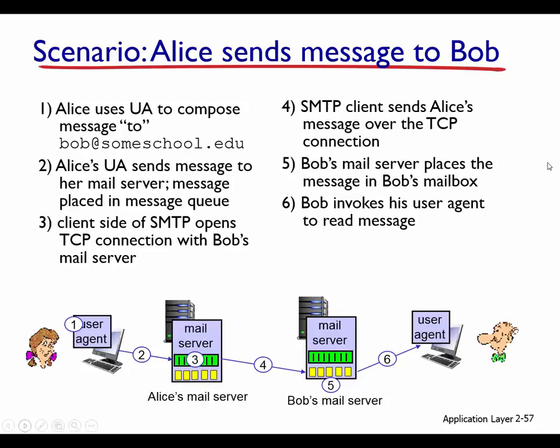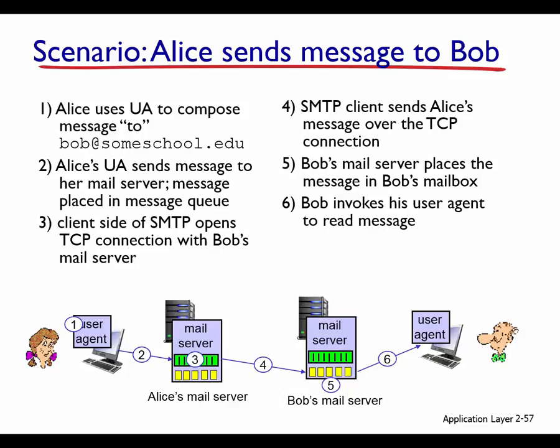So here's a basic scenario. You have Alice. On her computer at her desk, she has some sort of user agent. It could be Microsoft Outlook, for example, to send a message to some email address.